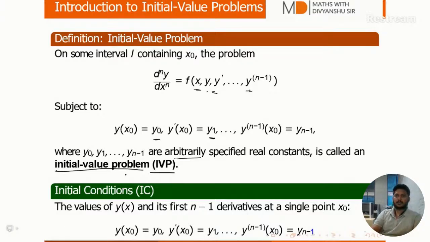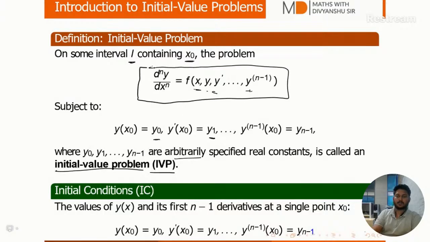When we are taking some interval I containing x0, the problem is basically based upon d to the power n y upon dx to the power n, where x is our independent variable and y is our dependent variable. Now come to the slide part.